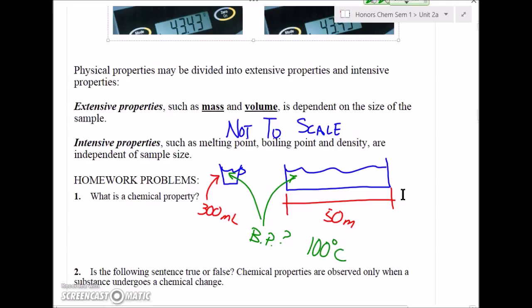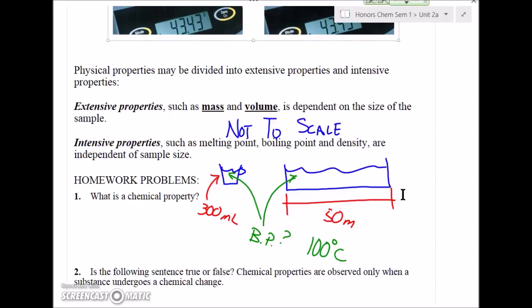As long as it's water, it'll boil at 100 degrees. That is an intensive property. Intensive properties do not change regardless of how much we have.